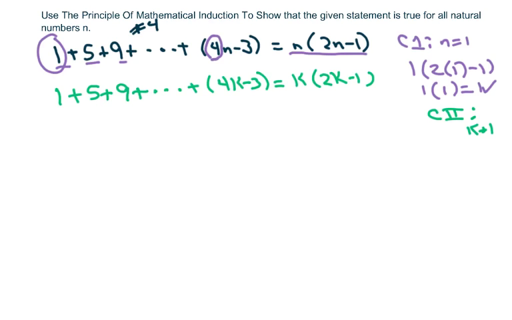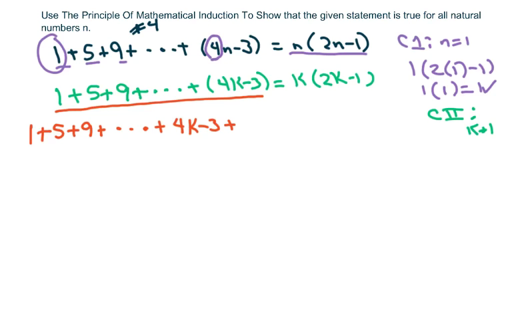What we're going to do is copy down this right here, and we get 1 plus 5 plus 9 plus dot dot dot plus 4k minus 3, and we're going to write down our next term.